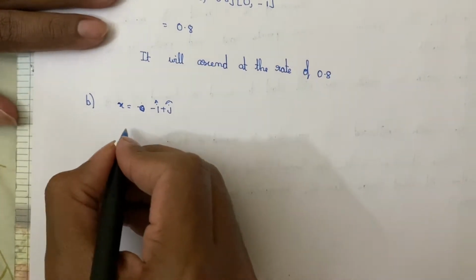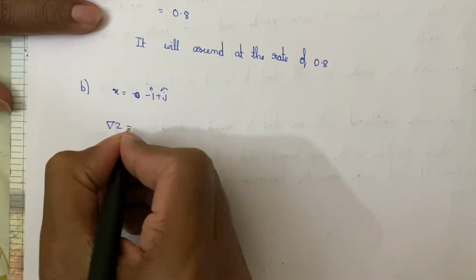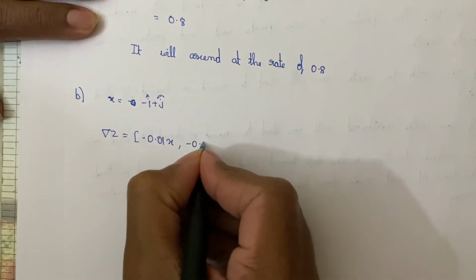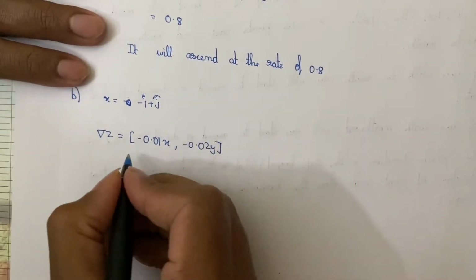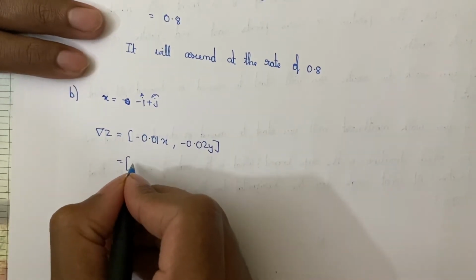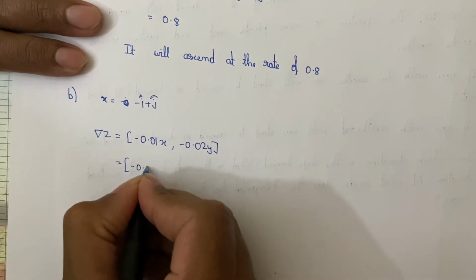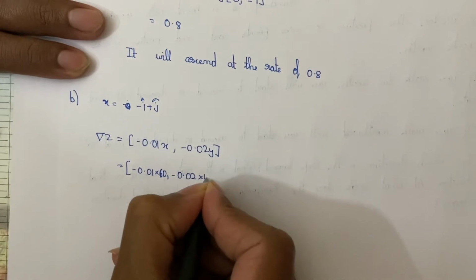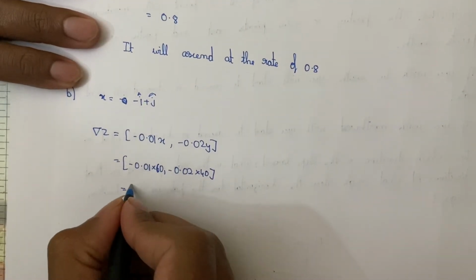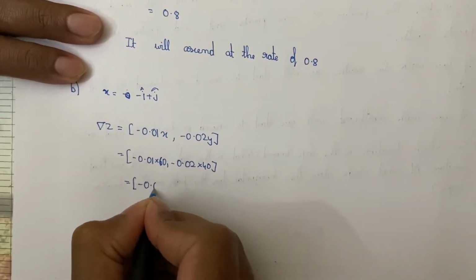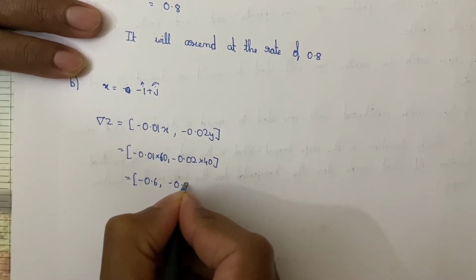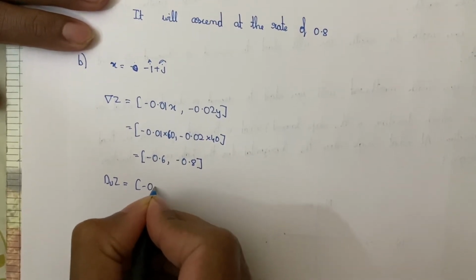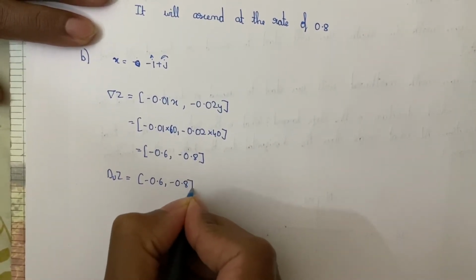The gradient will be minus 0.01x, minus 0.02y, and again substituting the values of x and y, which are 60 and 40, we get minus 0.6 and minus 0.8 again. As we know, the directional gradient formula is minus 0.6, minus 0.8 dot u.